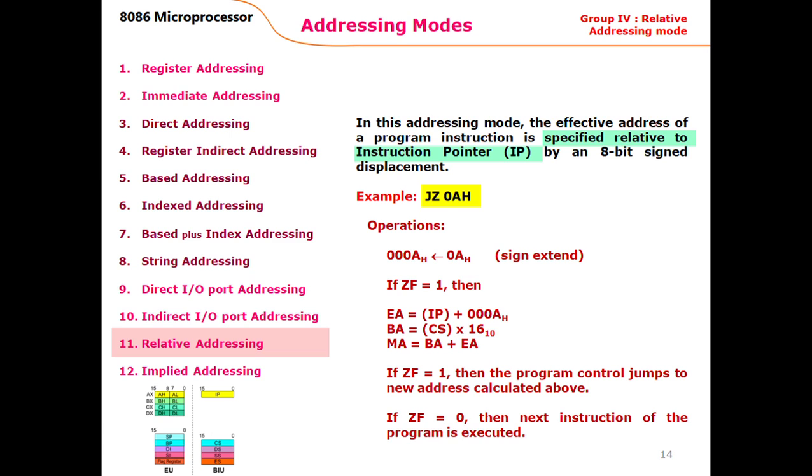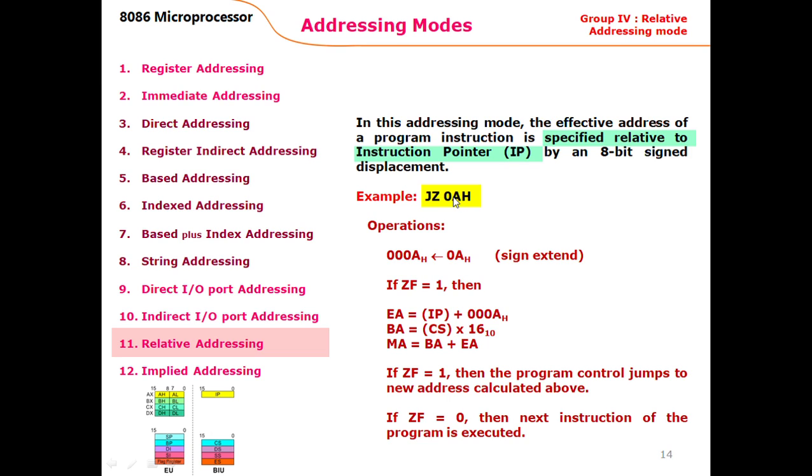Currently the instruction pointer points to a location next to this instruction, but this instruction tells the microprocessor to instead jump to a relative location, and this 0A is a displacement which is to be added with the instruction pointer content, and that would be the new address where to jump. So these are the operations involved in this instruction execution.